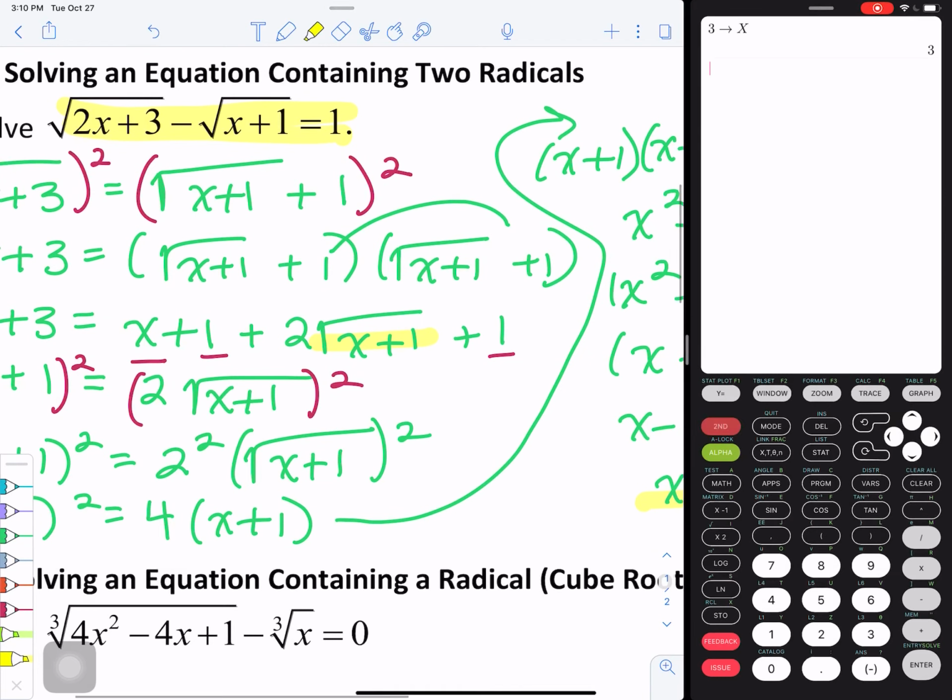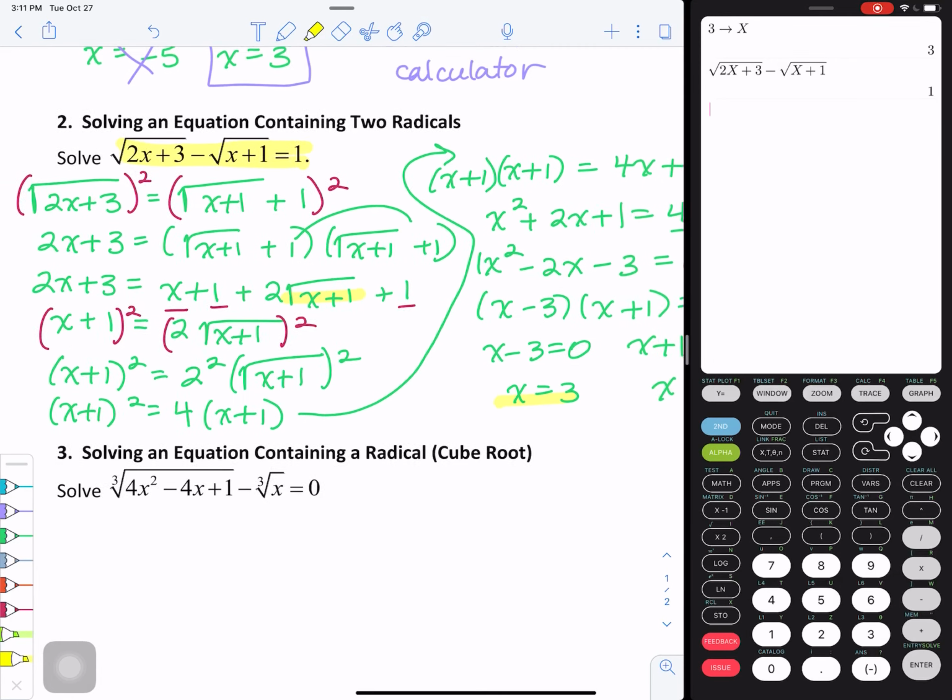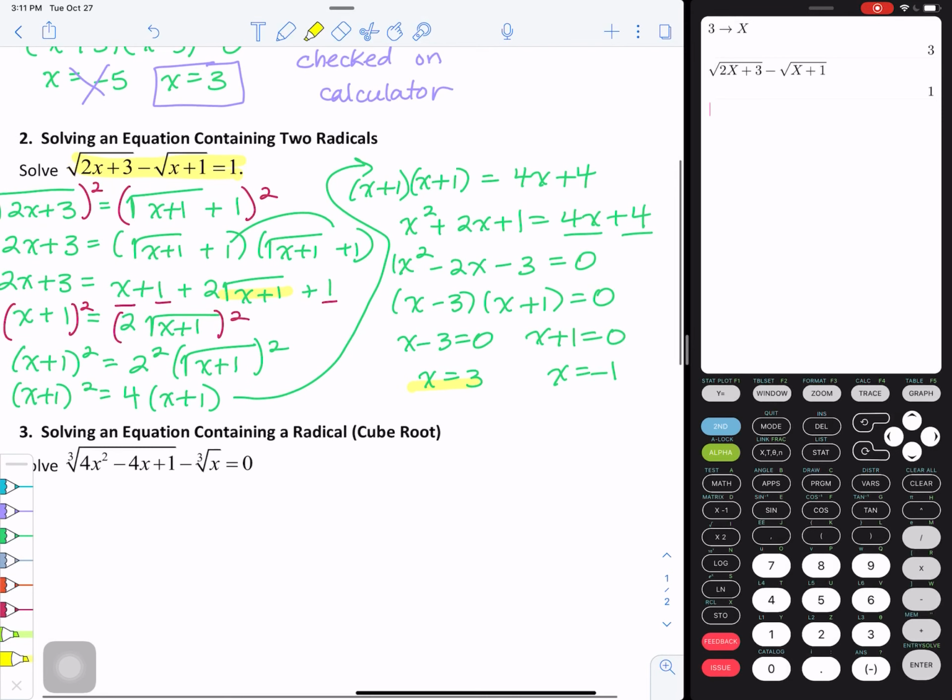So we have the square root of 2x plus 3, come out of that root, minus the square root of x plus 1, come out of that, and we want to see if that's equal to 1, and it is. So that is a solution. x equal to 3 is a solution.